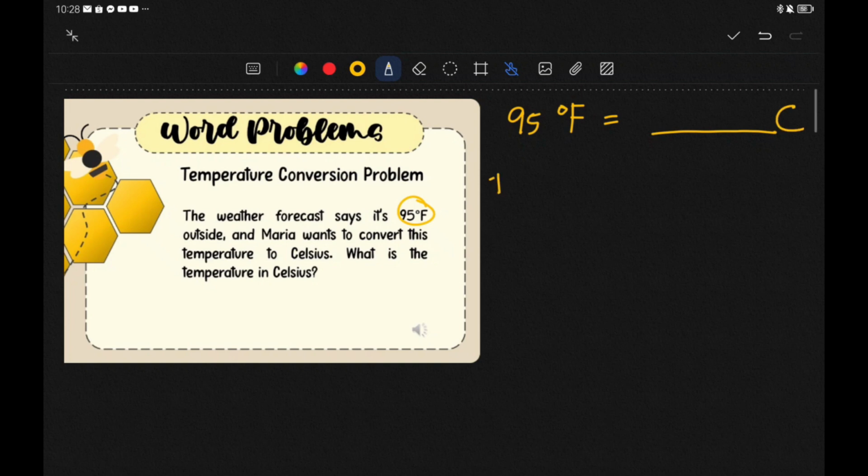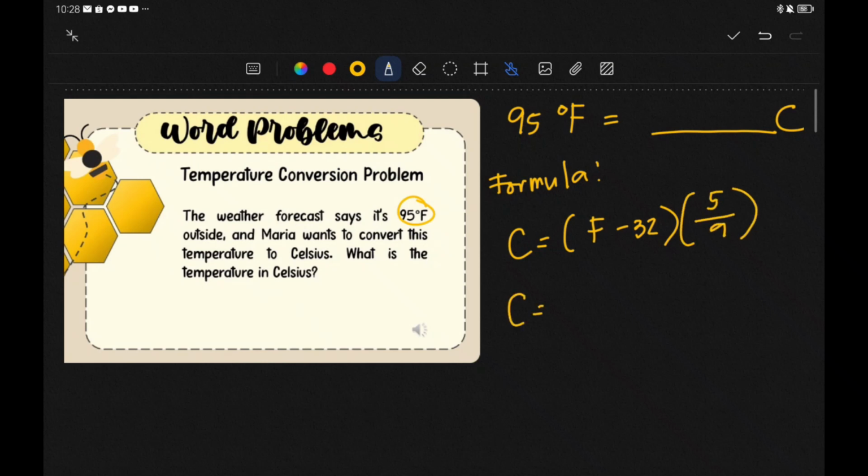So we are going to use the formula, which is C is equal to F minus 32 times 5 over 9. So our F here is 95. That's 95 minus 32 times 5 over 9.